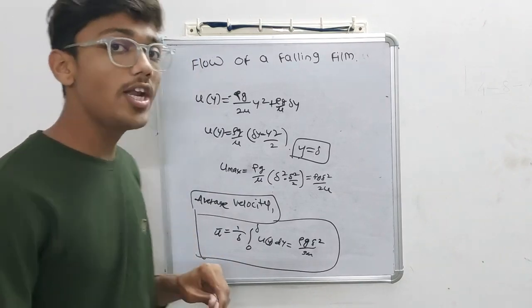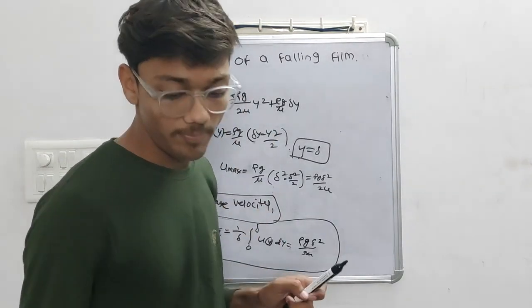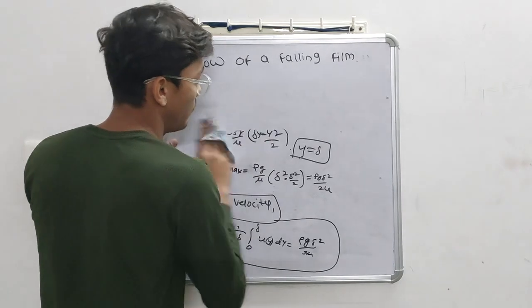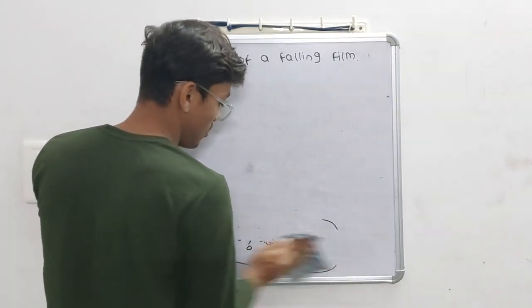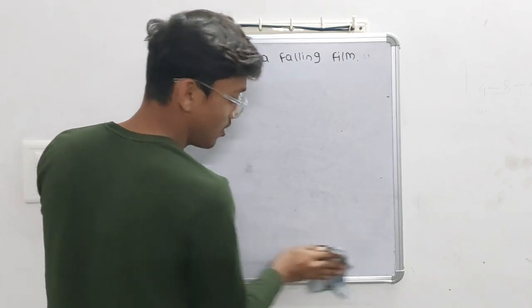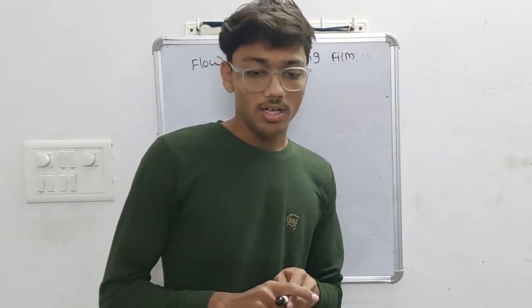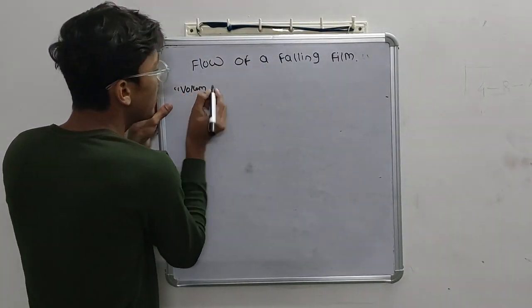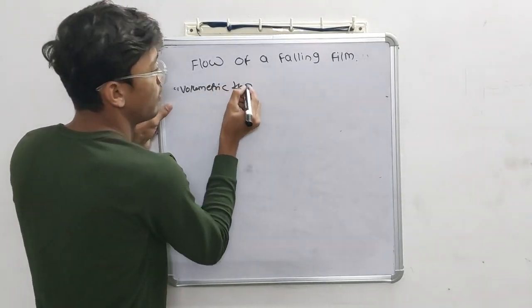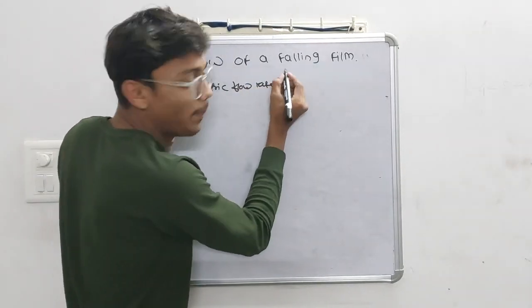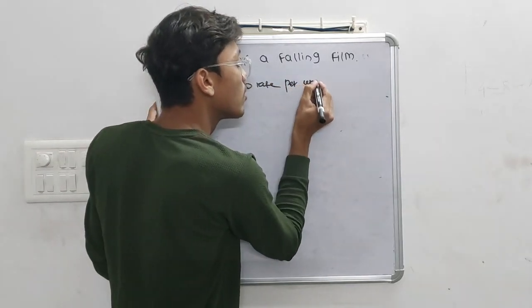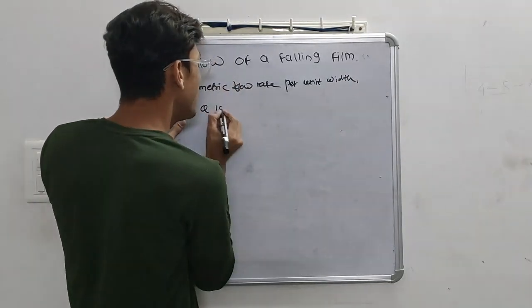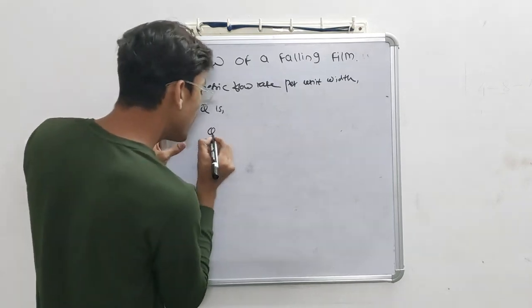Further, we solve the volumetric flow rate of the falling film.